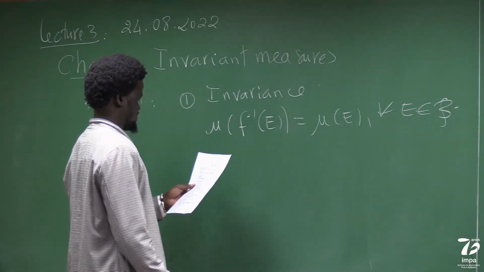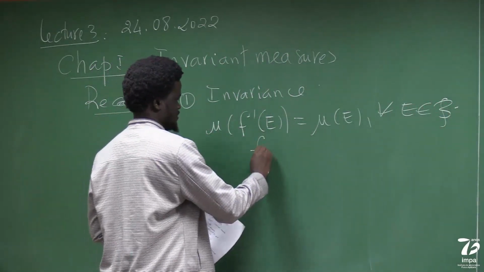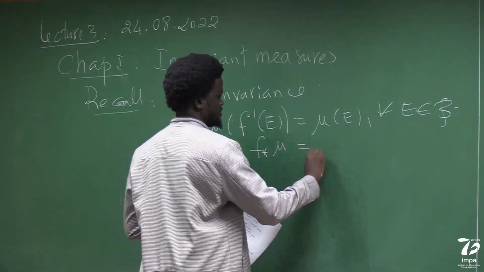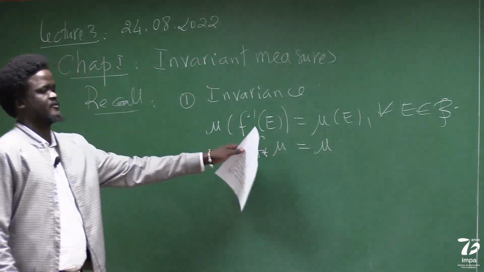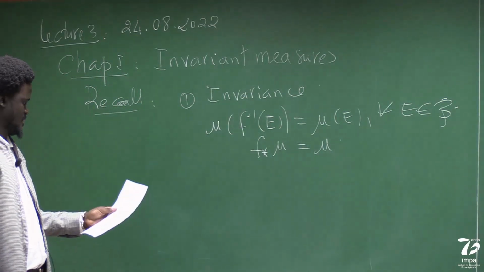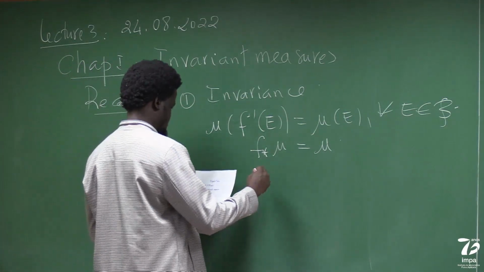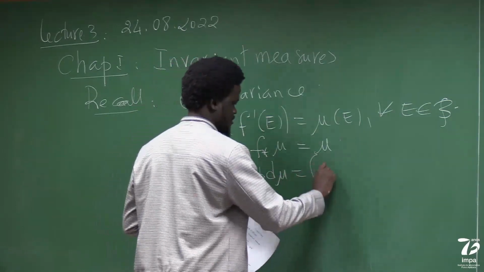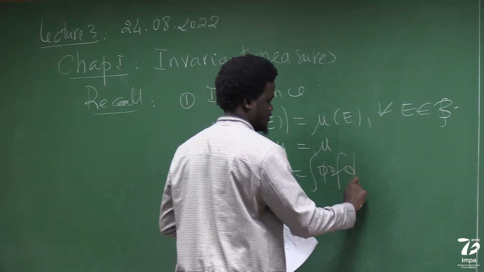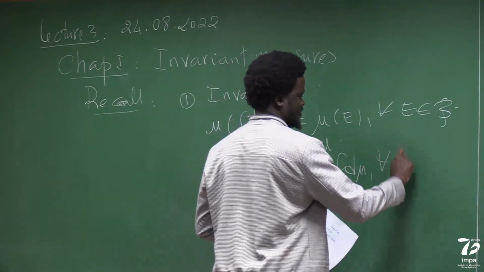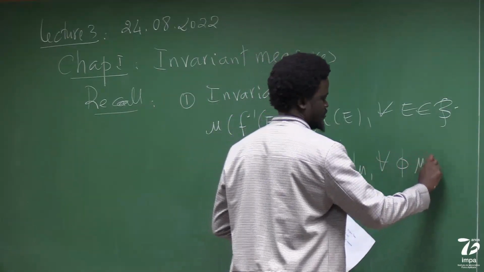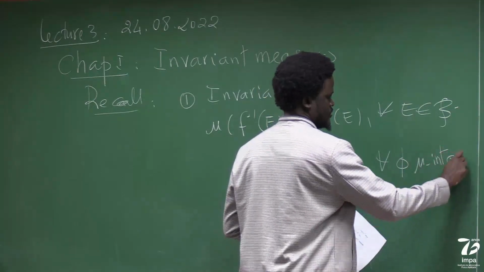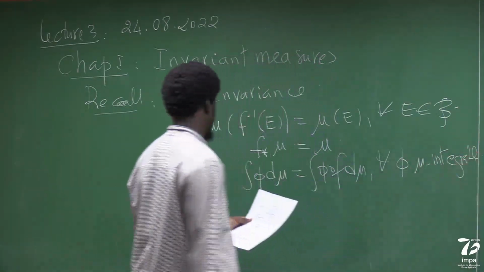And also we have seen the push forward operator, like invariance is equivalent to saying that mu is a fixed point of this operator. And also we have seen a characterization using functions, for every phi mu integrable. So this is one thing we have seen.